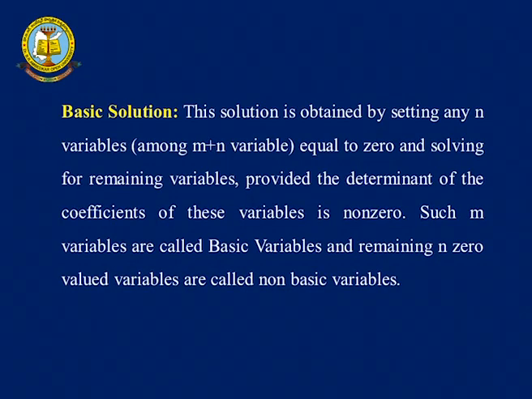Next, a few more definitions. Basic solution: the solution obtained by setting n minus m variables equal to 0 and solving for the remaining m variables, provided the determinant of the coefficients of these variables is non-zero. Such m variables are called basic variables and the remaining n minus m variables are called non-basic variables.